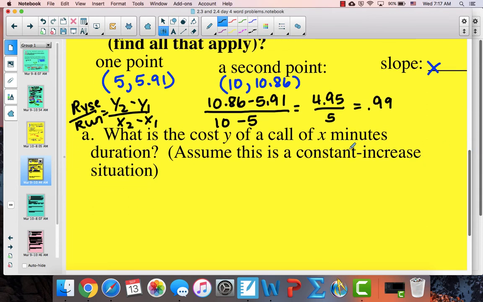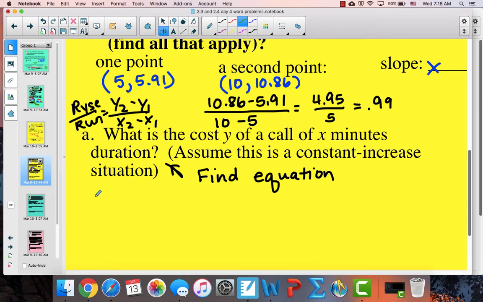Okay, so then it asks, what is the cost y of a call of x minutes duration? That's just asking you to find the equation. Okay, well now I have a point and a slope, so I can write an equation of a line. This time I'm just going to use y equals mx plus b to show you the different method, but you could use point slope and then put it in y equals mx plus b.